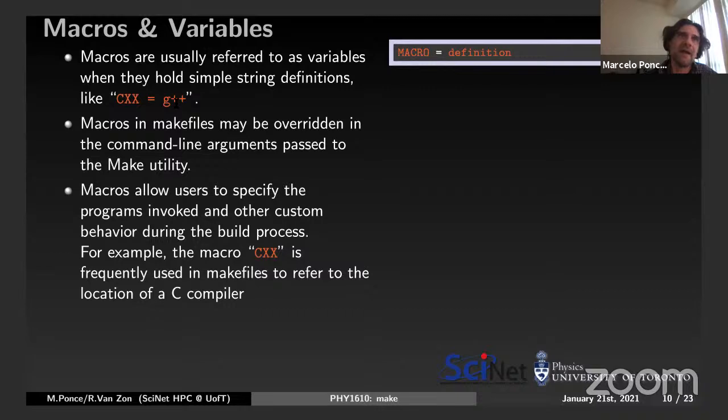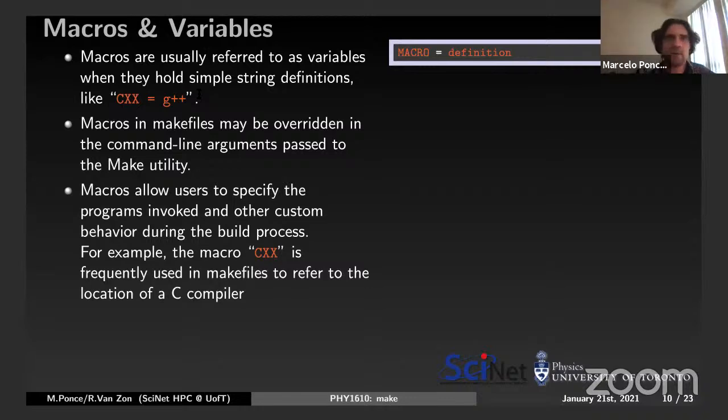But more than that, by having this definition, instead of using C++ or Clang or ICPC if you're using the Intel compilers, I can just refer in the rest of the makefile to CXX. So it's a way to make the makefile more robust to changes. You only need to change this line to specify that the compiler you're using is a different one.